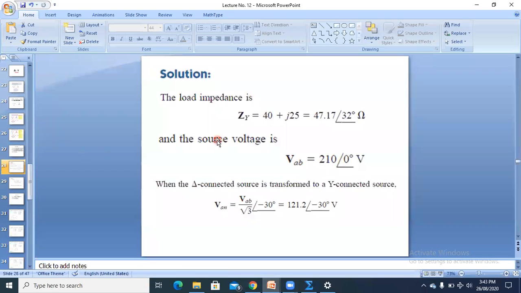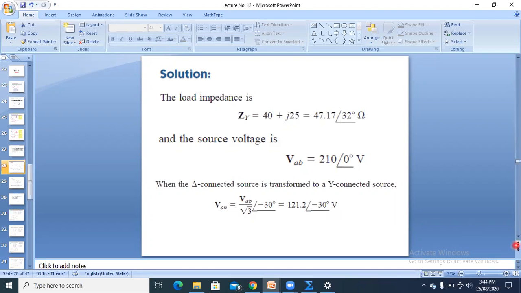In this, we convert the impedance into polar form, and then we have the source voltage, which is the line voltage. From this line voltage, we convert it into the Y connected source, and for the Y connected source, the value of the phase voltage is given by this formula.